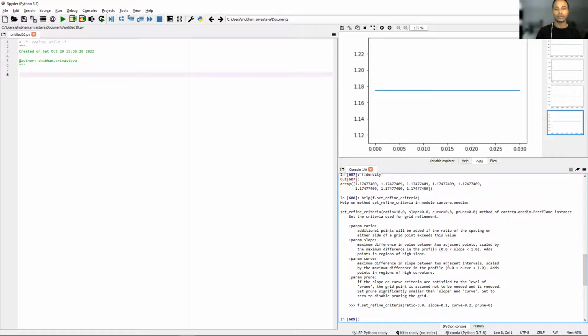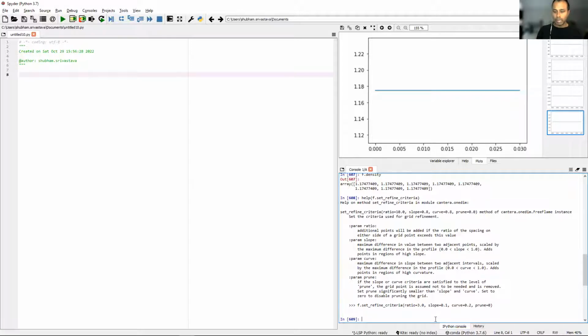If the difference is greater than a certain threshold, it will add more grid points there. The final one that I use is curve. Here, instead of the value, Cantera looks at the gradient of how the slope is changing, and if that is greater than the magnitude you've specified, more grid points are added.